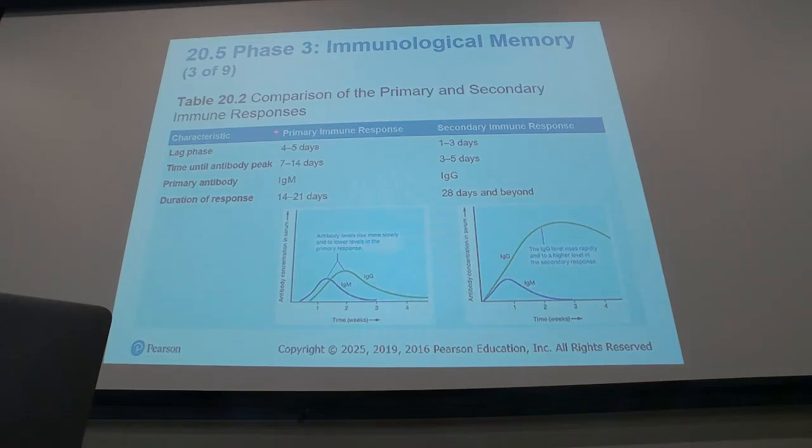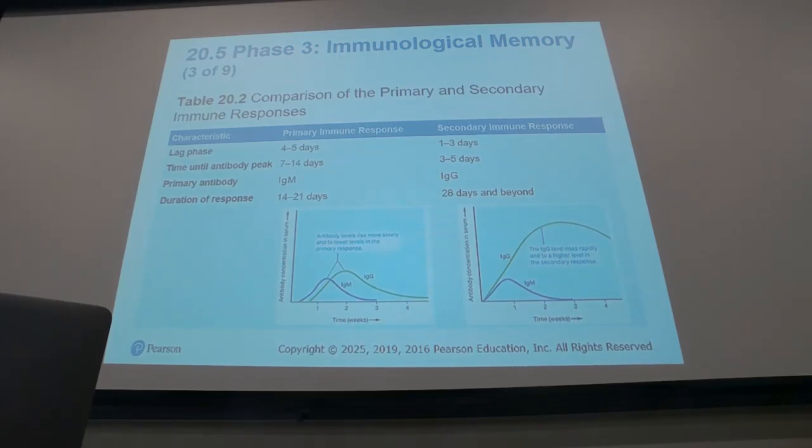Your primary immune response can take between 4 to 5 days to happen, and your secondary response happens between 1 to 3 days. In this case, your secondary response takes less time than the primary because that's when you already have formed your memory. The peak for forming antibodies takes up to 2 weeks for the primary response.